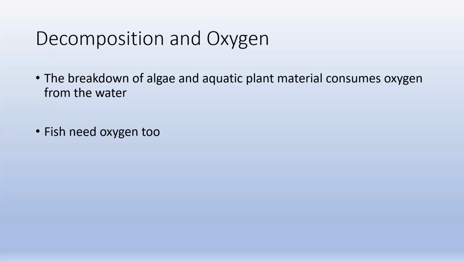So when these algae and aquatic plants are breaking down and those bacteria are using up all the dissolved oxygen in the water, that doesn't really leave anything for the fish. And when that happens, that's where you're going to see fish kills, right? If you see sudden die-offs of fish, it could very likely be from lack of oxygen.